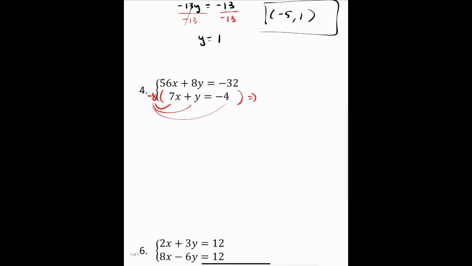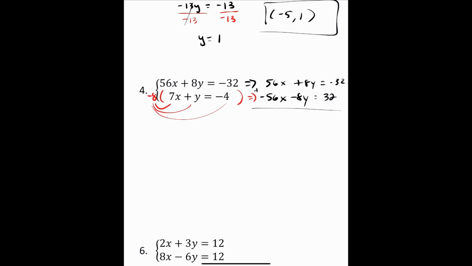and once I distribute the negative 8 to each term, this is going to become, well, negative 8 times 7x is negative 56x, okay. And then negative 8 times y is negative 8y. And negative 8 times negative 4 is positive 32. So, let's rewrite this. I have 56x plus 8y equals negative 32.